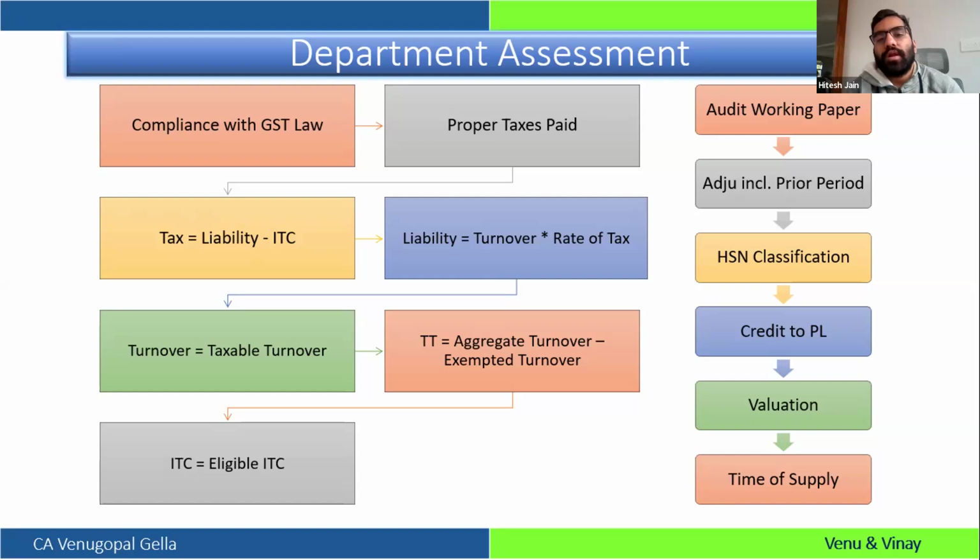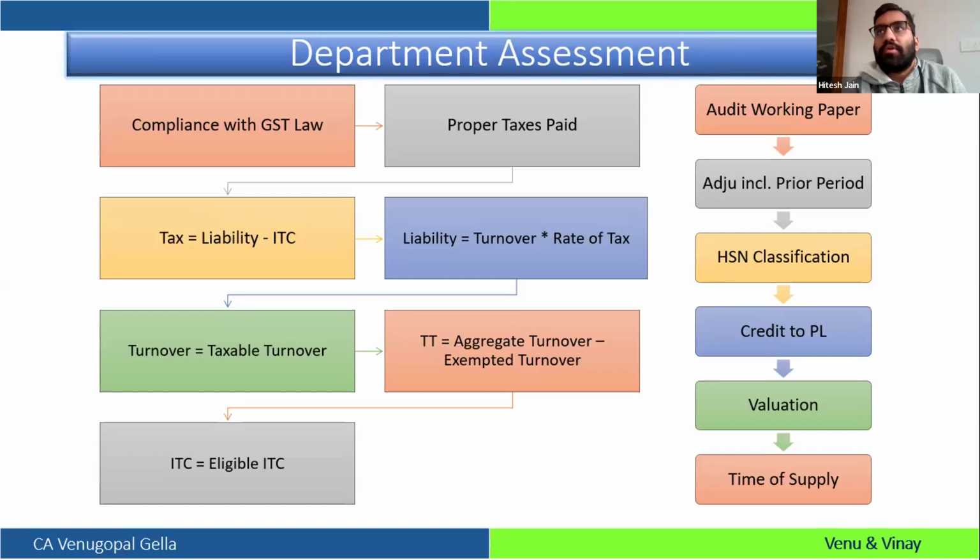Now, what will be my total output tax liability? It will be my total turnover into the rate of tax applicable on the product or services I am dealing in. Taxable turnover and exempt turnover both aggregate into my total turnover.